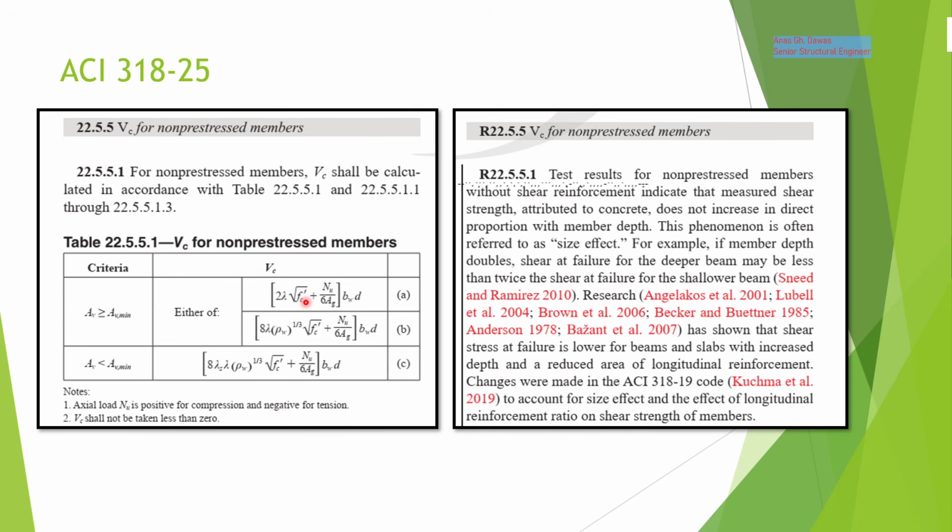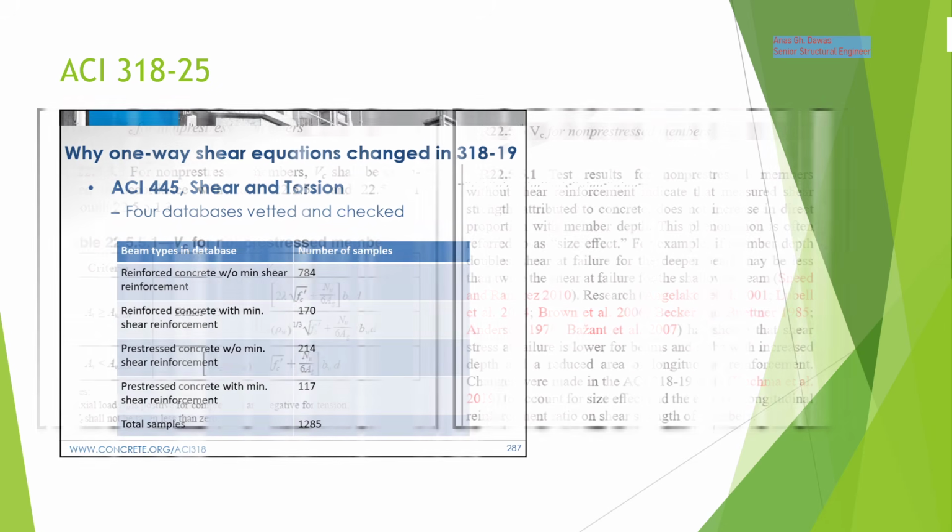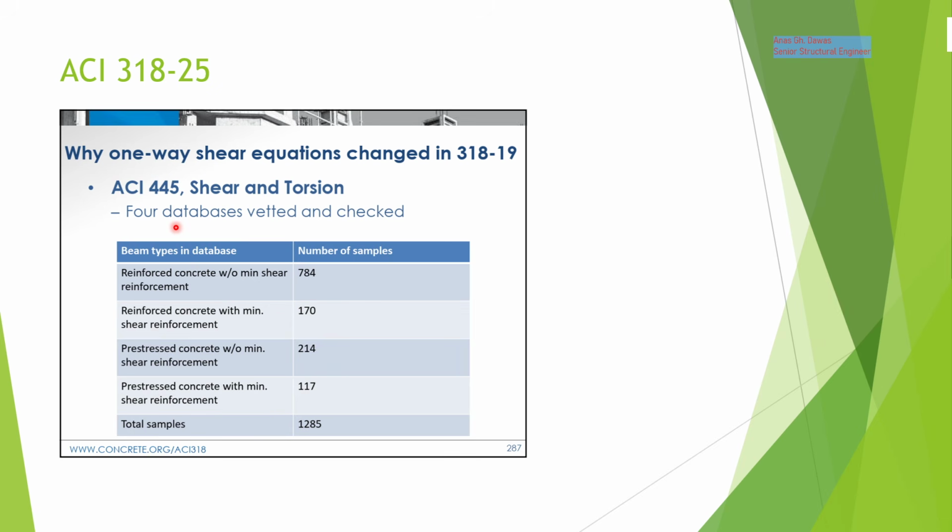Before going through that, I would like to highlight why ACI changed the one-way shear equations in ACI 318-19. If you look into ACI 318-14, you will find other equations. So what happened, in fact, is that ACI 318-19 changed the main equations for one-way shear. This was based on a lot of experiments, tests on many samples.